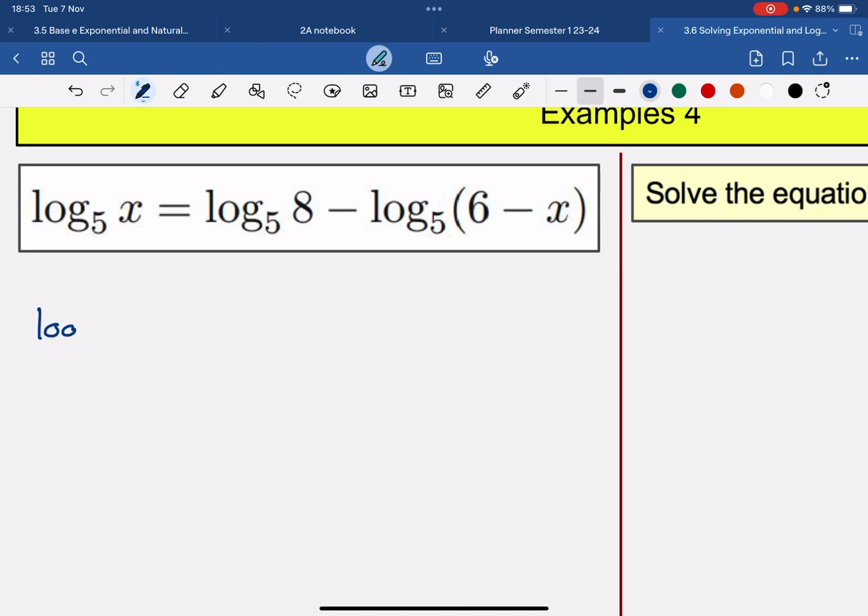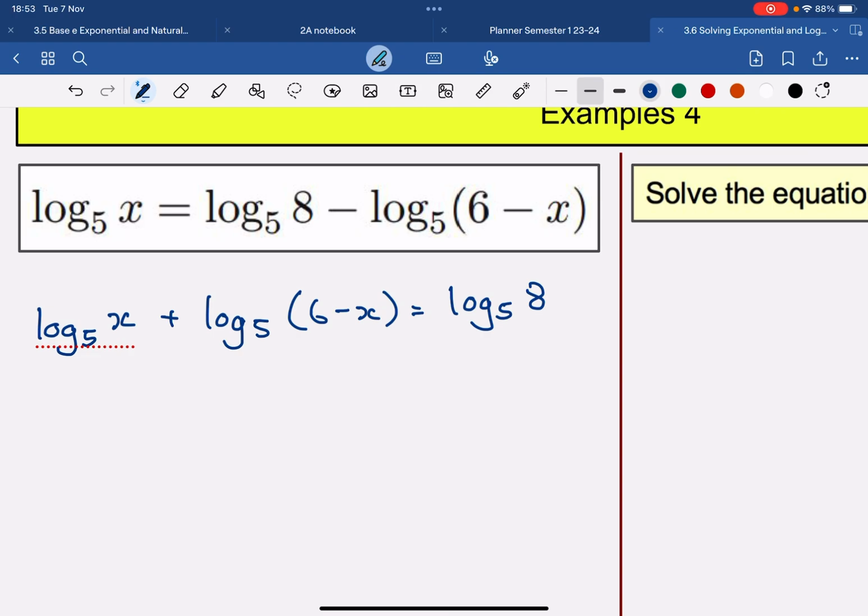So I'm going to have log 5x, and I'm going to add on log 5 (6 minus x) onto both sides actually, and I'll leave log 5 8.